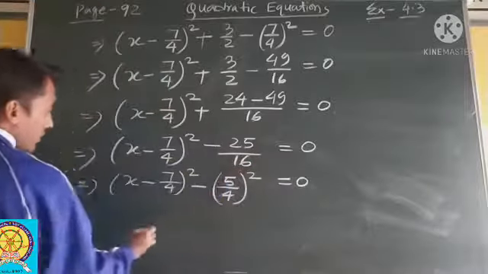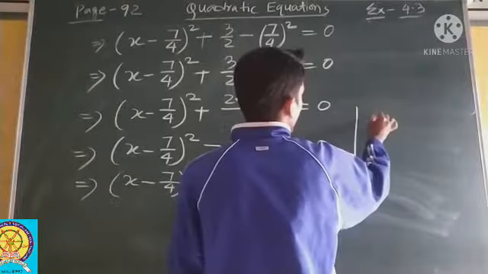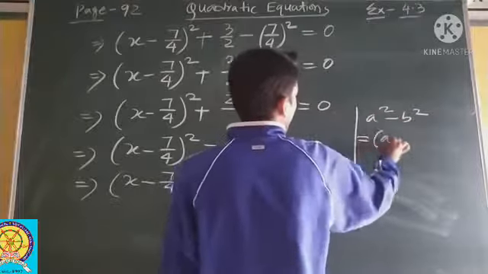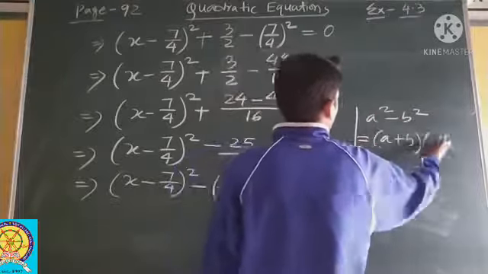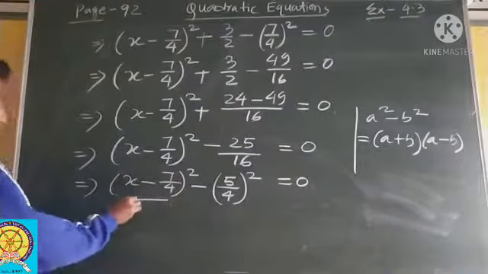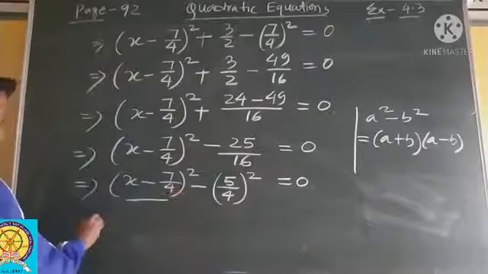4 square is 16. Now again we have the identities. In lower class you have got this identity also: a square minus b square is (a plus b) into (a minus b). So here you see a square minus b square. It is in that identity.